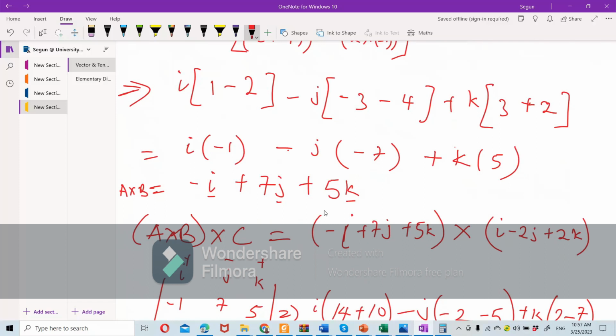Then for the triple product, when you have a triple product, how do we solve it? They can ask you to prove it. I've seen a lot of questions on that aspect too.